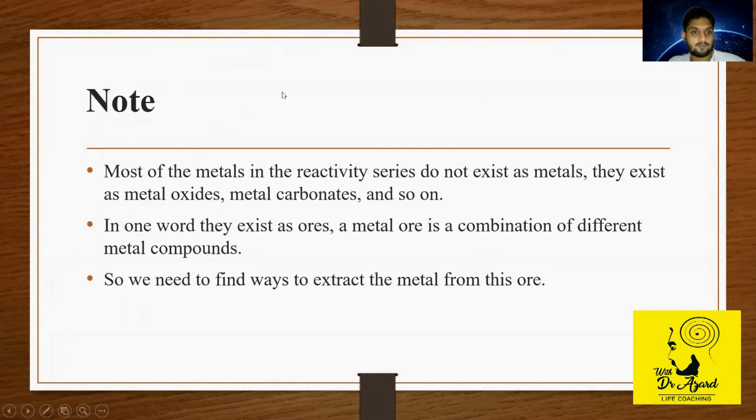So let's move on. Now you would wonder, why do we need to extract these metals? Don't they exist in nature? Yes, they do exist in nature, but not as metals. They exist as metal compounds, or a mixture of metal compounds.